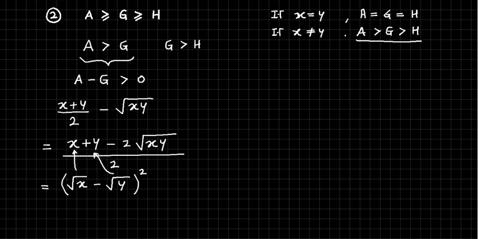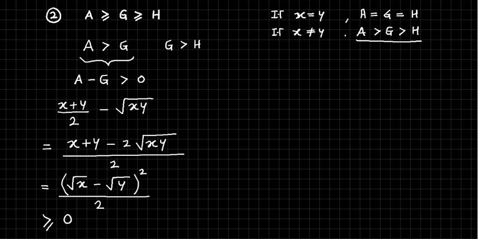So the numerator is (root of x minus root of y) the whole square, and the denominator is 2. Since the numerator is a square, it is definitely non-negative, and the denominator 2 is obviously positive. So this entire quantity is greater than or equal to 0.